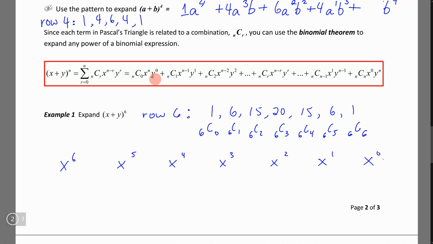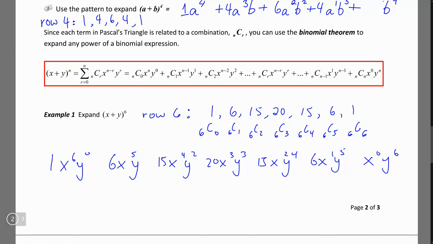Going backwards, we have y6, y5, y4, y cubed, y squared, y, and y0. And then my coefficients: 1, 6, 15, 20, 15, 6, and 1. And then put your signs in between.